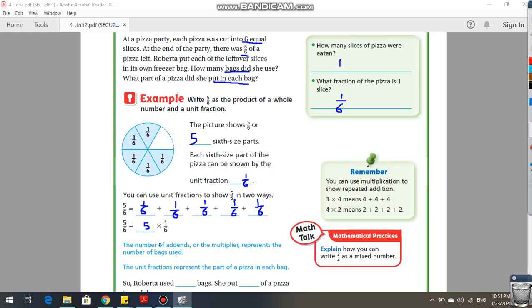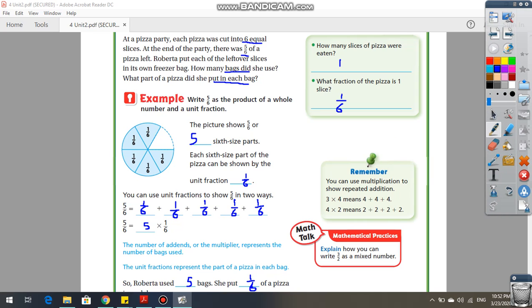So Rupert used how many bags? 1, 2, 3, 4, 5. And she put what part of the pizza? Only 1/6. And guys, sorry, it's not Rupert. Roberta, she used 5 bags.